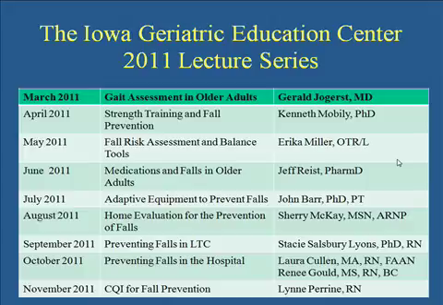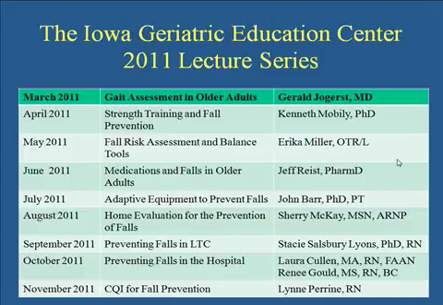Stacy Lyons, Dr. Lyons, who I think these days is working at Palmer Chiropractic as a research nurse, has a lot of expertise in preventing falls in nursing home settings or long-term care settings, and she'll spend some time with that. We've got a tag team, Laura Cullen and Renee Gold, who in October will be discussing preventing falls in the hospital.